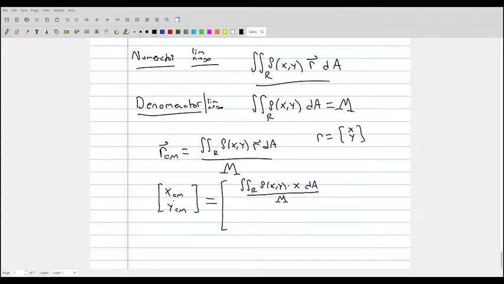That's the x center of mass formula. And the y center of mass formula is going to be the double integral over R of the density function times y over the total mass. And this is a rigorous justification of exactly why the center of mass formulas hold.